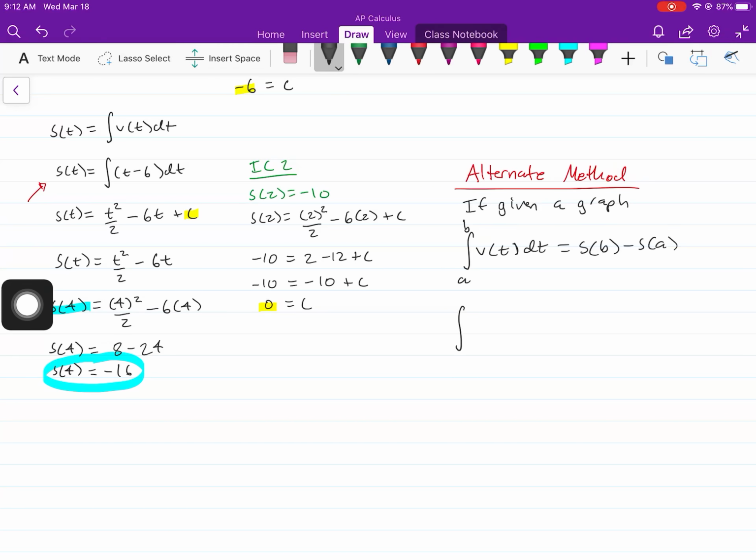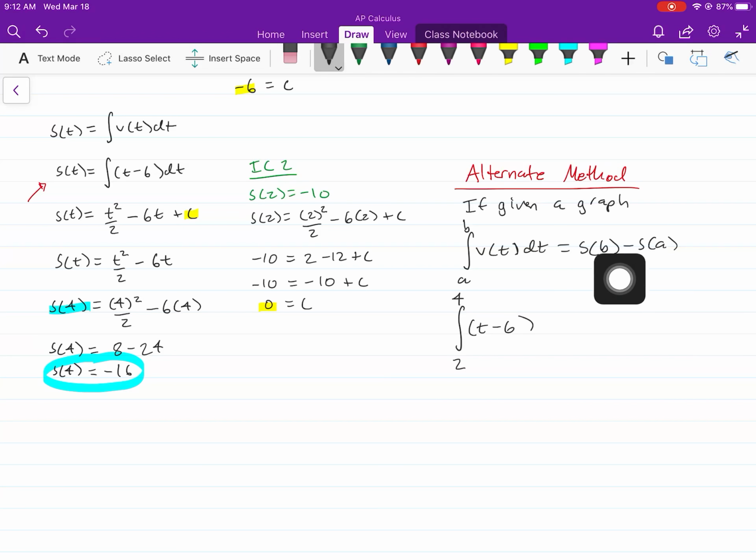So the velocity function here would be t minus 6. And if you notice, our initial condition starts with 2 and we're ending with 4. It could be backwards, but the point is I'm going to use a as 2 and b as 4. And why do that? Well, we're trying to find s of 4, and we're given s of 2.